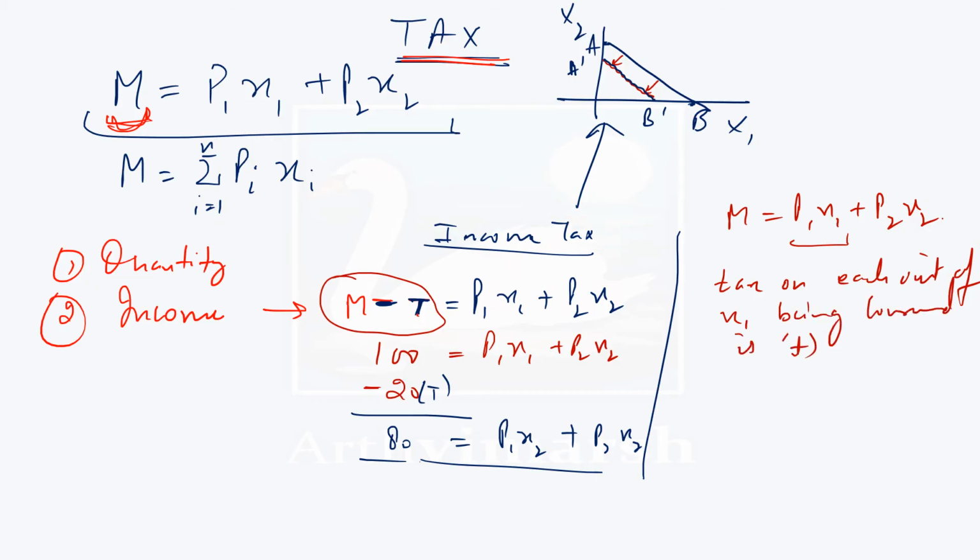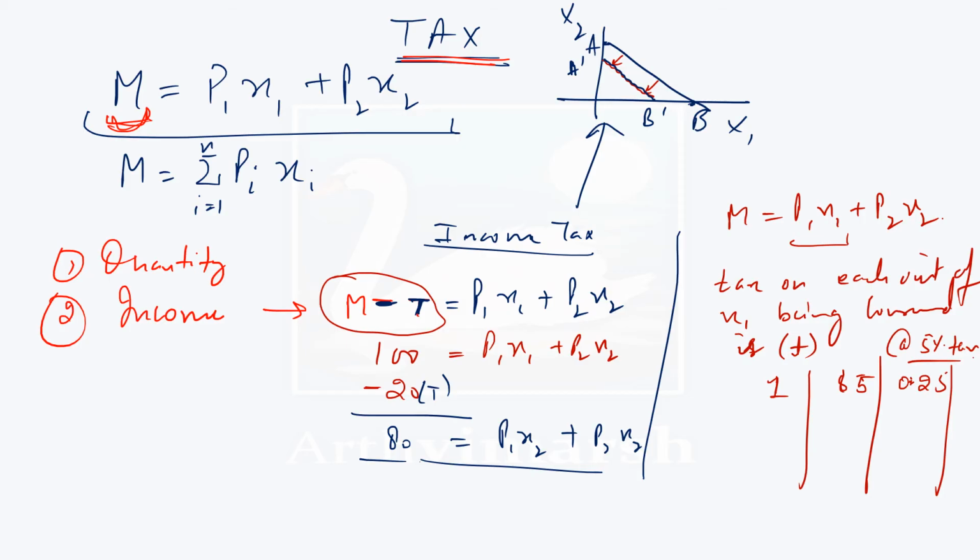is small t. So for example, whatever amount of x1 I am going to consume, like if I'm consuming 1 unit of x1, if it's costing me $5, and I am being charged at the rate of 5% tax, so obviously 0.25 is going to be the tax, right?